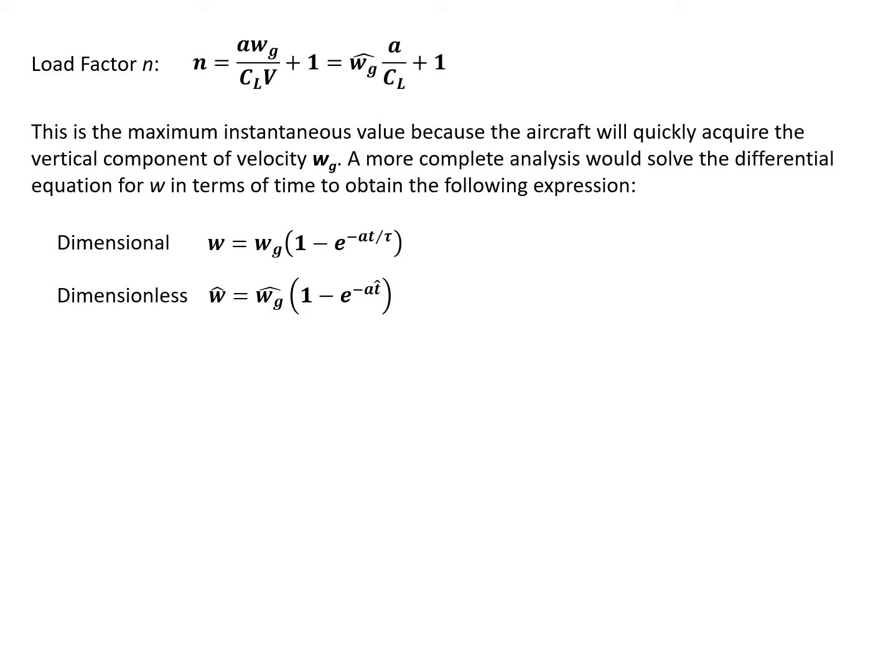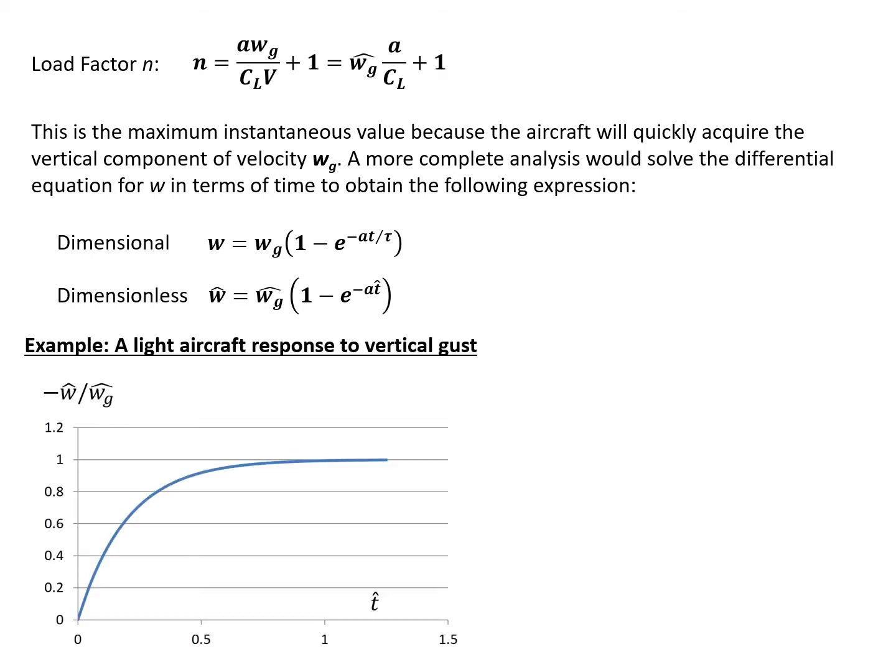We have the dimensional form and a dimensionless form, and I'm not going to solve this differential equation here, but we can see generally the format of the result. You can see in the bracket we have the e exponent, right? So it is not a linear change as we assumed before.